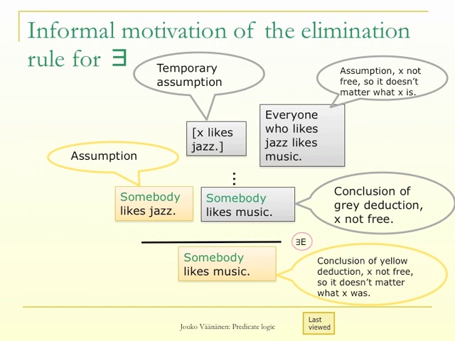Indeed, since we assumed that x was this somebody who likes jazz, we know nothing else about x. We only know that x likes jazz. So we shouldn't try to use any other knowledge about x because we simply don't know. And the assumption everyone who likes jazz likes music says nothing about x. x may occur there as a bound variable, but x does not occur there free.